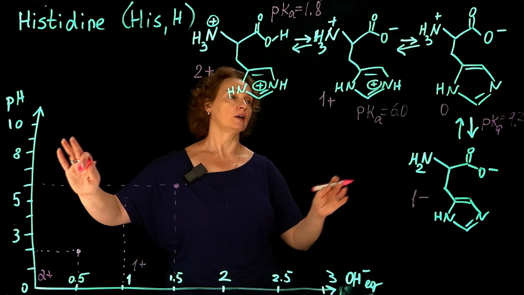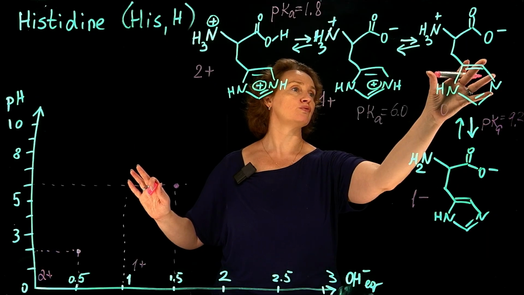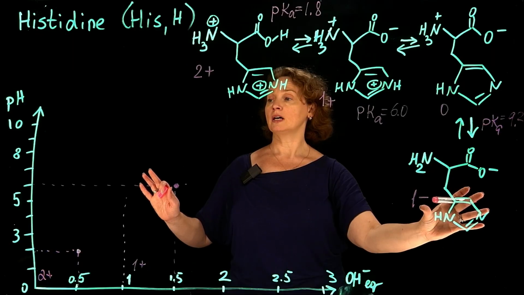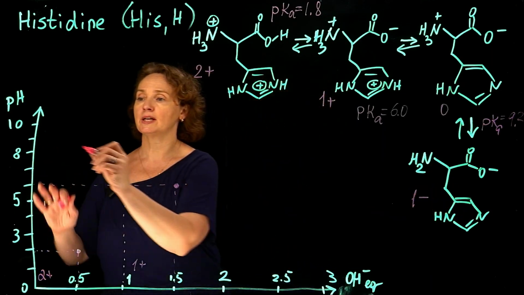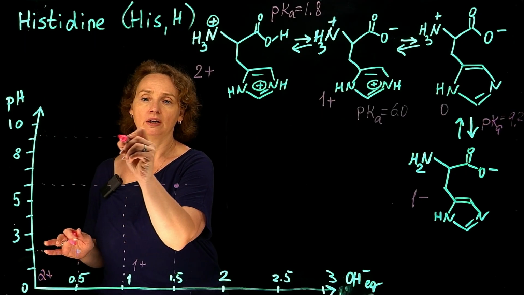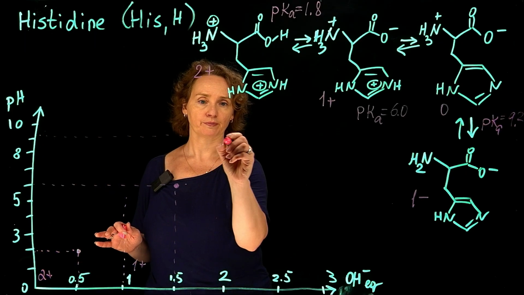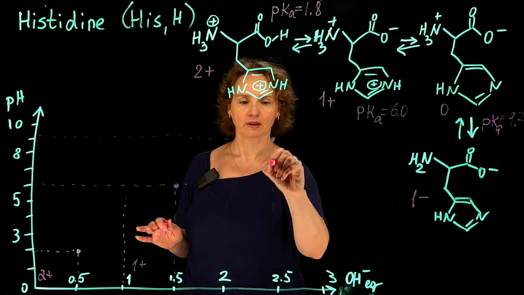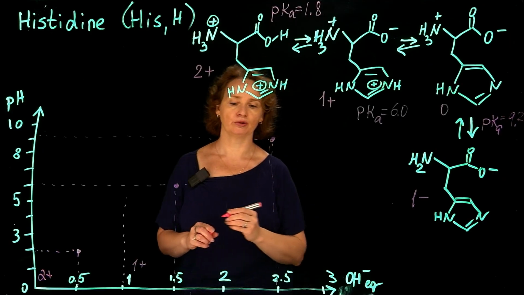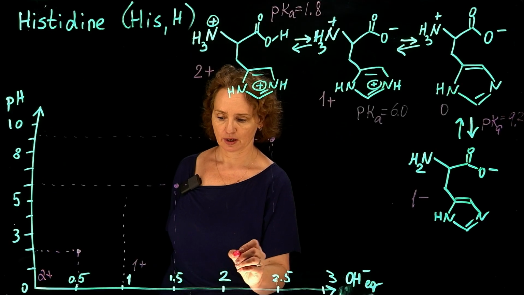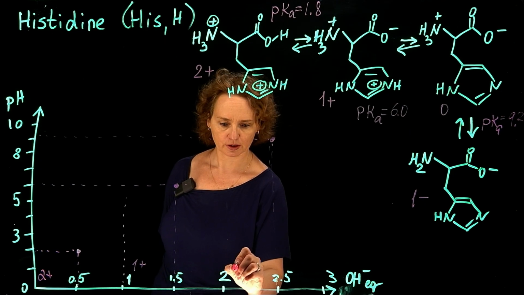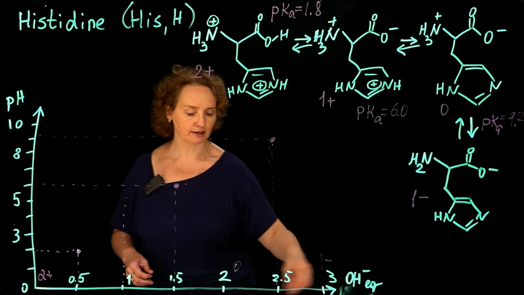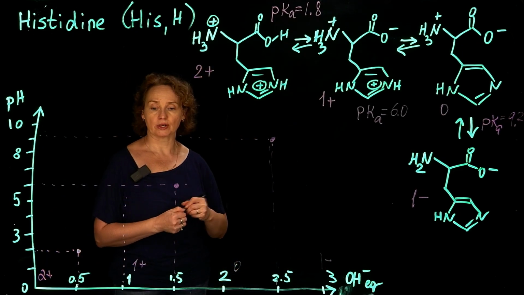That is when the concentrations of those two forms, the neutral form and the form with a charge of 1 minus, are equal. And that happens at a pH of 9.2. So that's my 2.5 equivalents. Here we have 0 charge, and here we have 1 minus charge. Now let's connect those points.